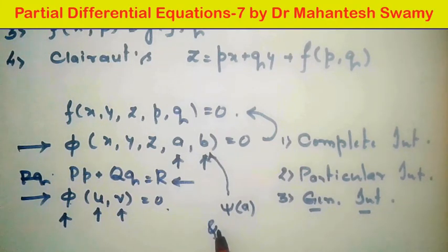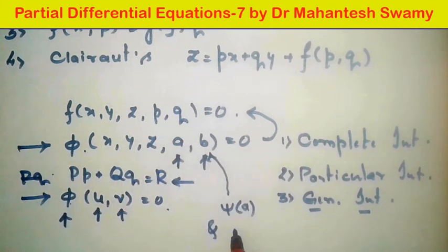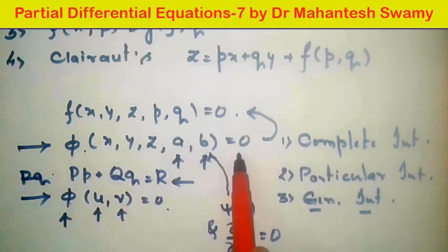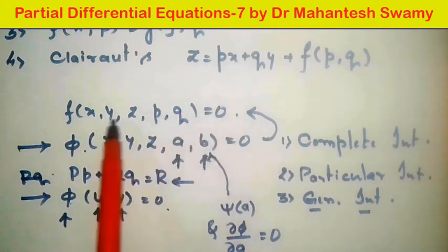Then we have to differentiate the entire complete integral, that is phi, with respect to the arbitrary constant a, and take this equal to 0. Then we have to eliminate a between this equation and the complete integral, and we will get a solution called the general integral. So this is how one can obtain the general integral in the case of any partial differential equation of this format.